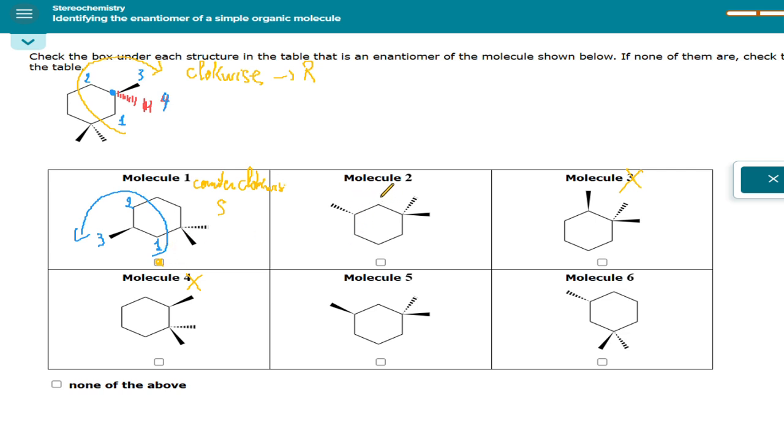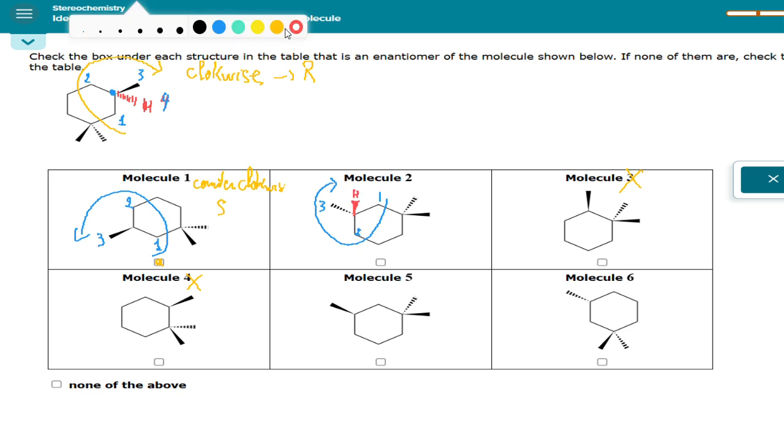The second one, we have 1, 2, 3. So that's clockwise. Also, the difference is that we have dashes, which means that the hydrogen is wedged. And if the hydrogen is wedged, it means that you have to flip the configuration.